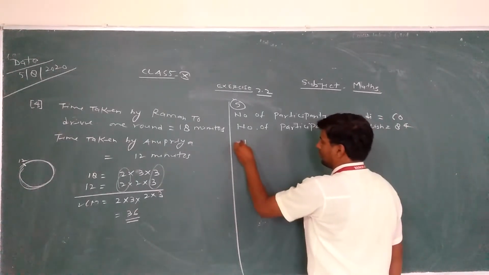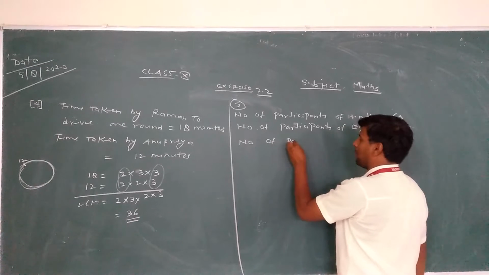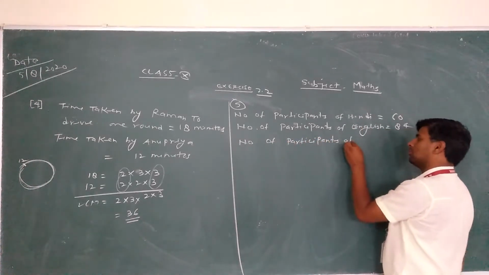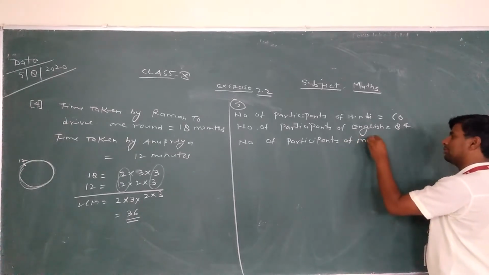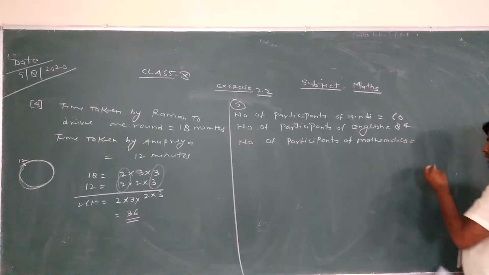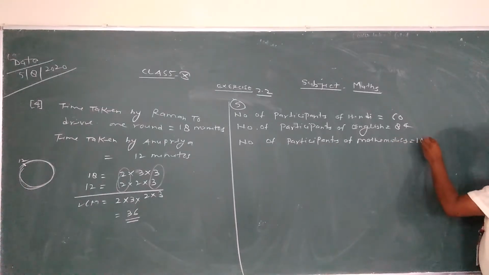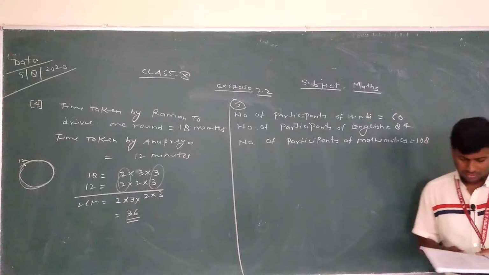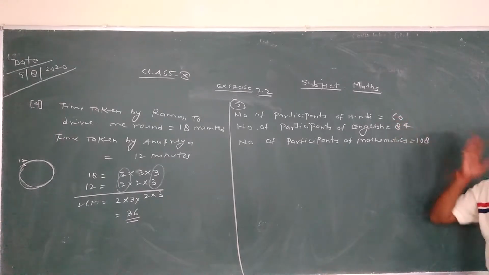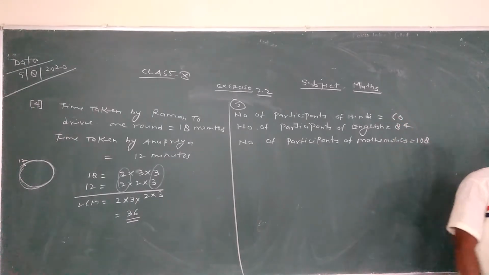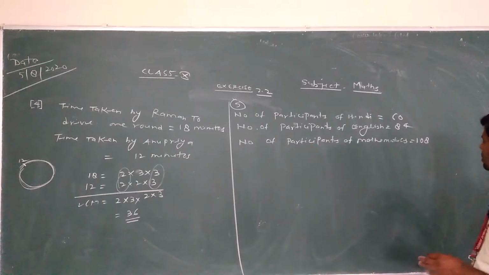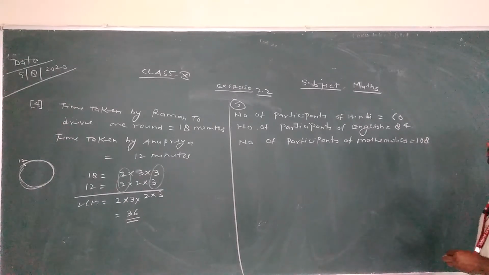The number of participants of mathematics is 108. So we want to find the number of rooms, because we want the minimum number of rooms.